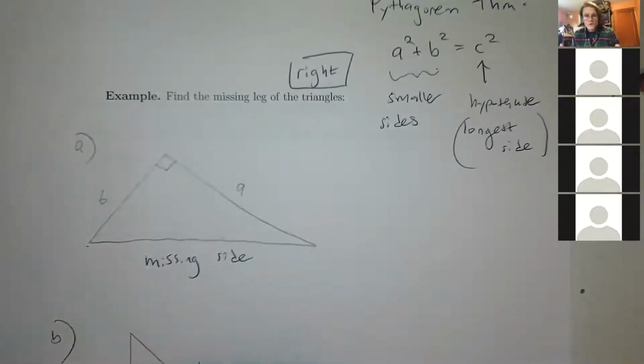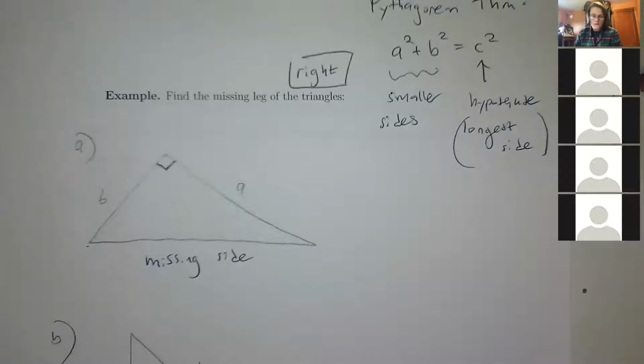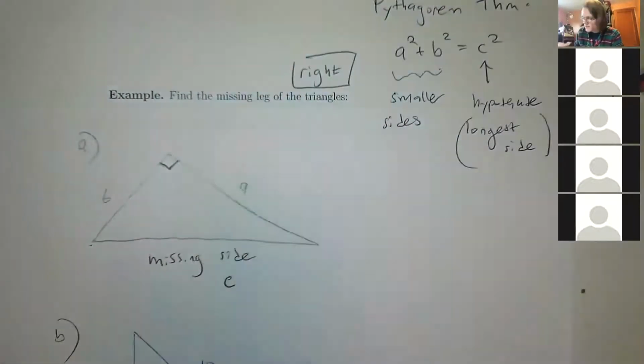And the other way you would know that is that it's opposite the 90 degrees. So that little box means 90 degrees. So whatever side is across the triangle from the 90 degrees, or opposite it, is the hypotenuse. So this is my c, right?